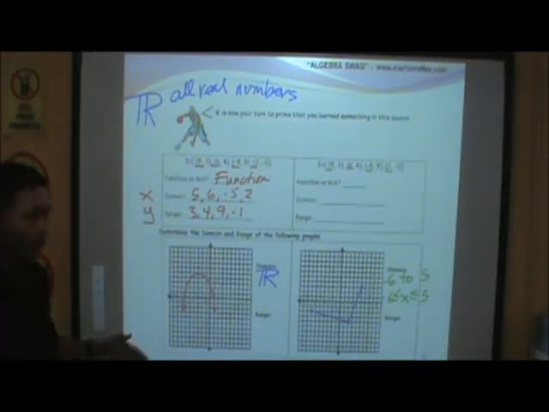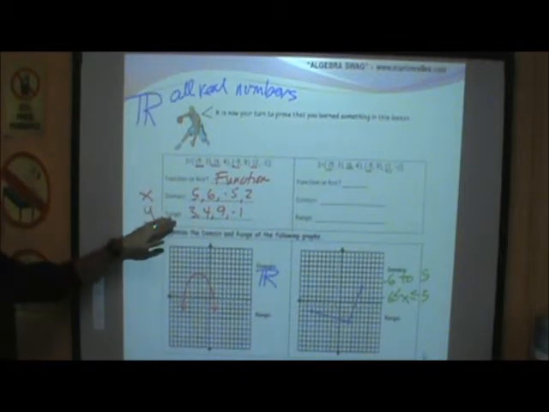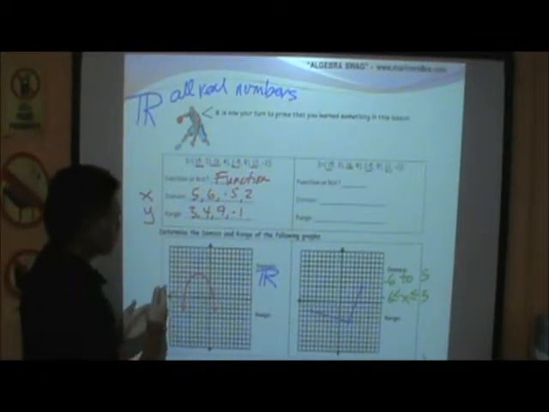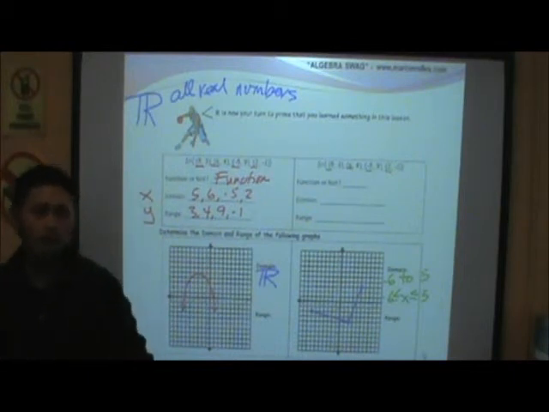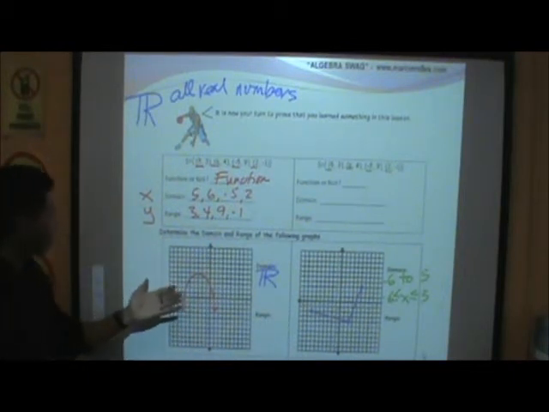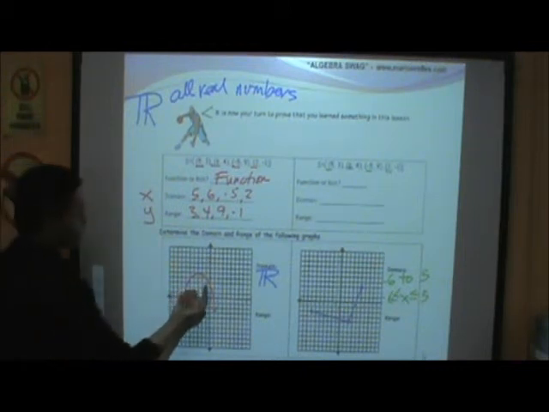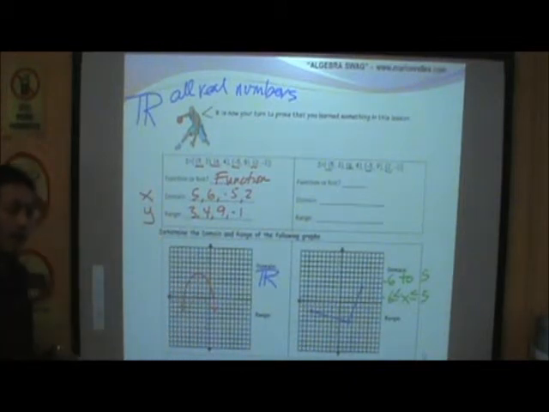Now let's take a look at the range. When we talk about the range, again, students, we're talking about the y values. So for the domain, we were talking about going left and right. That means for the range, we're going to talk about going up and going down. Now, is this graph going up? No, because the arrows are going down, so we can say that the graph is going down.